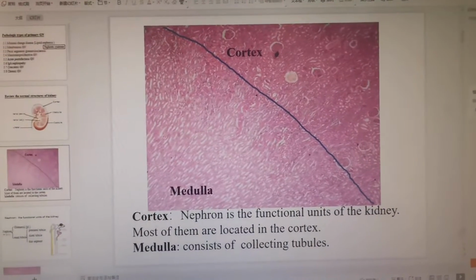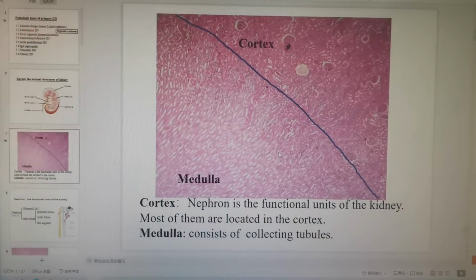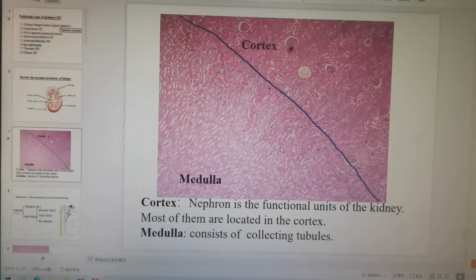Here is the renal tubule, and here are the collecting tubules.